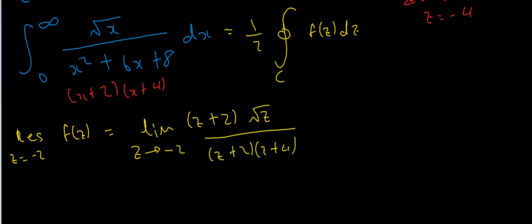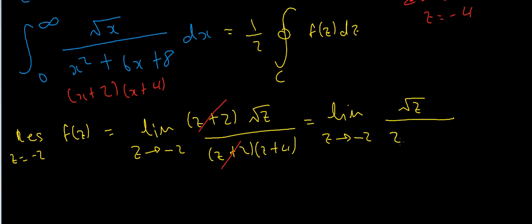I've just factorized the denominator here. And I can cancel out a factor of z plus 2 from the numerator and the denominator. So this thing goes to 0, that thing goes to 0. Or, well, it goes to 1 is probably a better way of saying that. And that's equal to the limit as z approaches minus 2 of the square root of z, all divided by z plus 4.